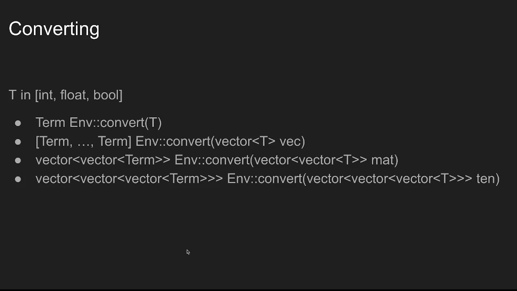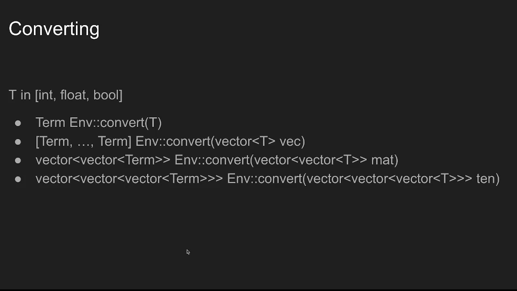The same thing works if you have a list of those raw data terms, or if you have a matrix of raw data terms, or more generally speaking, if you have a tensor, which is, in this case here, a three-dimensional tensor, right? So there's one dimension more than in a matrix. Seeker supports these conversions up to 6 dimensions.